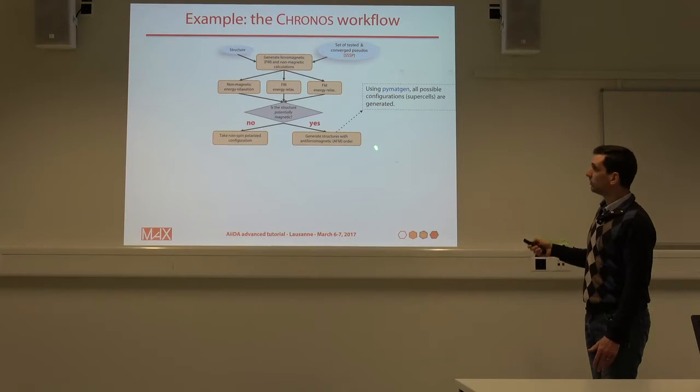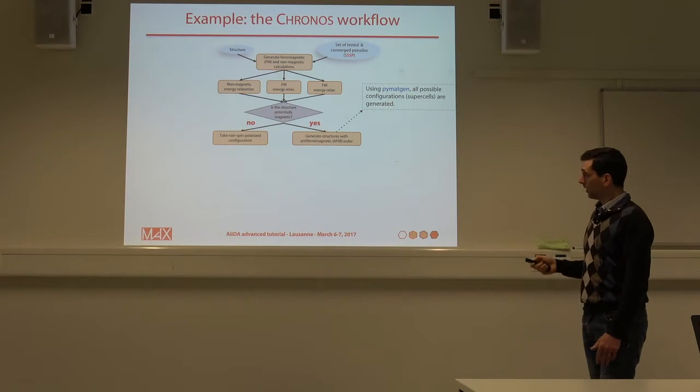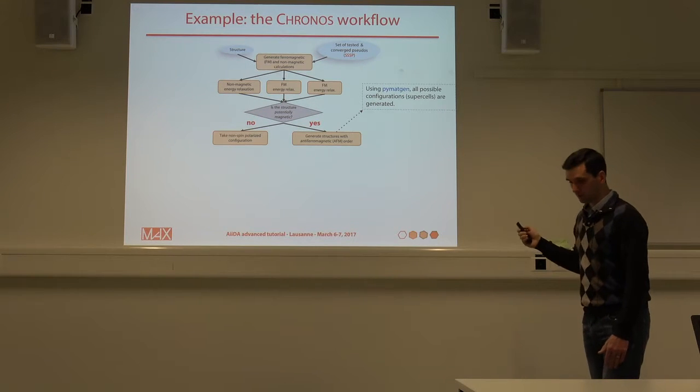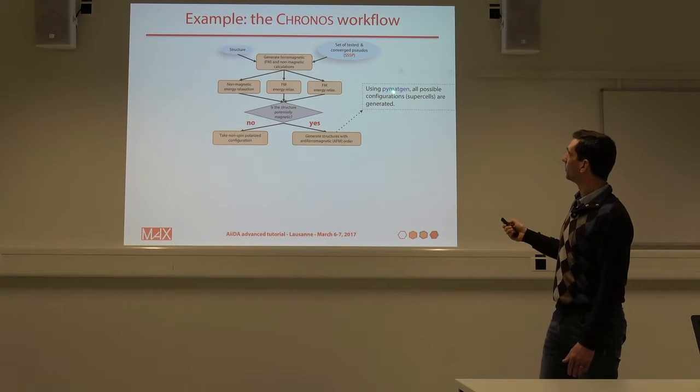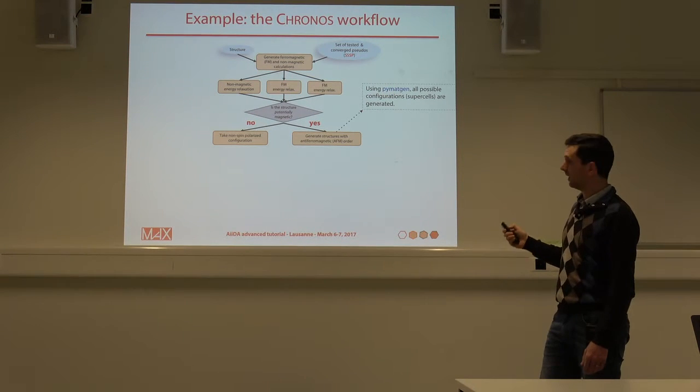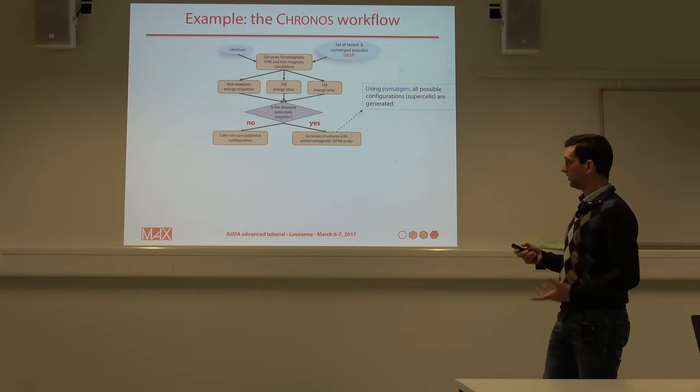So at this level, you need to generate supercells or different structures, configurations, that we do using PyMatGen. It gives me the occasion to say something that Giovanni said yesterday, that we are not trying with AiiDA to redo everything that is done in other libraries.